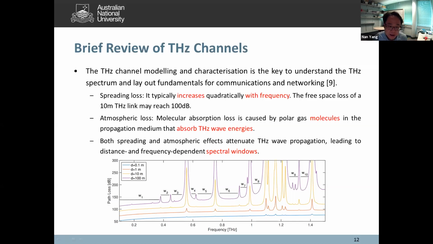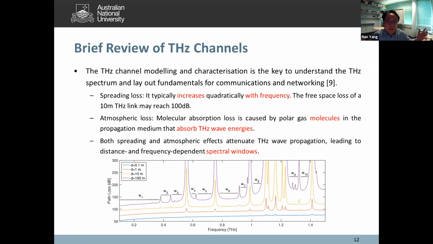Being affected by the spreading loss and molecular absorption loss, terahertz propagation has this kind of path loss peak. For example, at some frequencies around 0.6 terahertz or around 0.8 terahertz, these are the path loss peaks. A path loss peak means that the path loss is super severe.